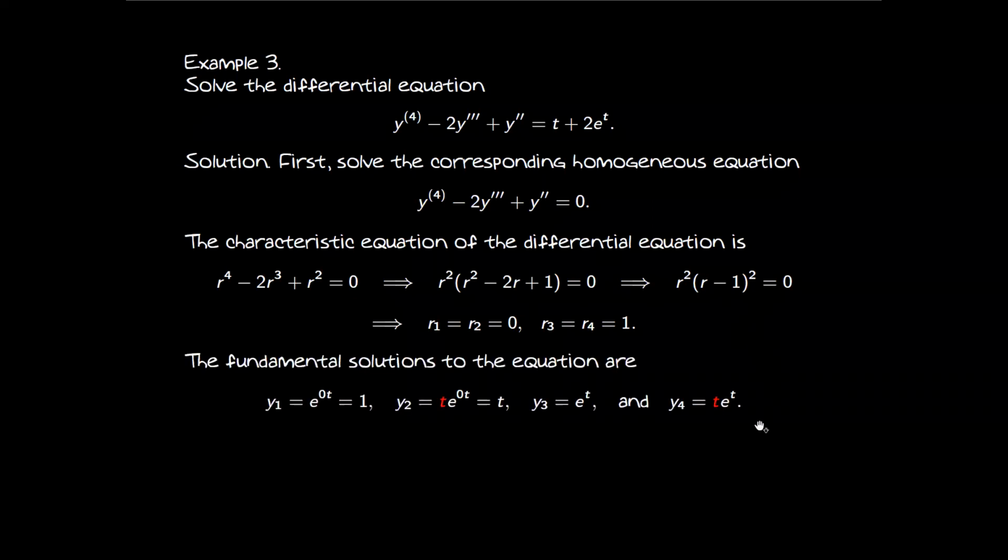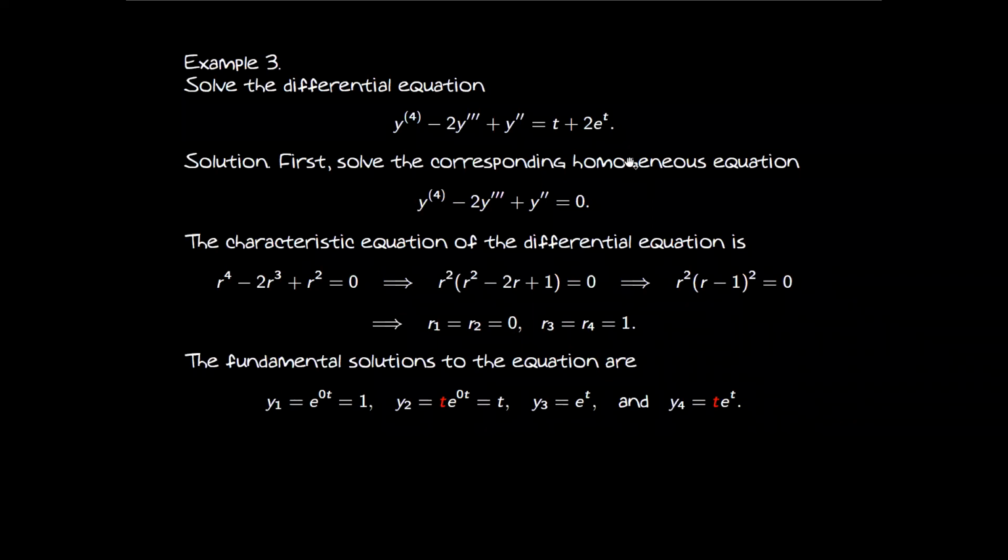And then the corresponding fundamental solutions are going to be, whenever we have repeated roots, we have to use an extra t there, right? So for the first pair, you're going to get e to the 0t, which is just a 1. For the second one, you use an extra t, you're going to get just a t. And then for the third one, you get e to the t. And the fourth fundamental solution, you're going to get t e to the t. So now we have the fundamental solutions.